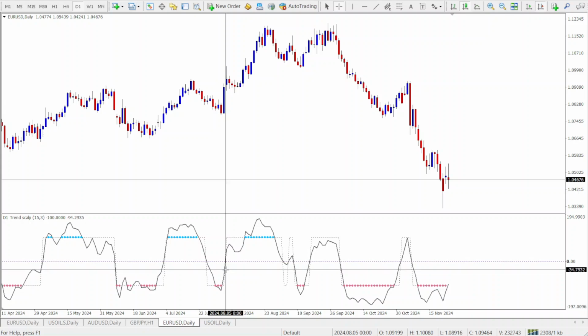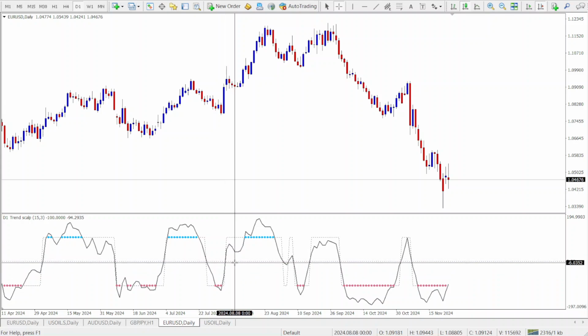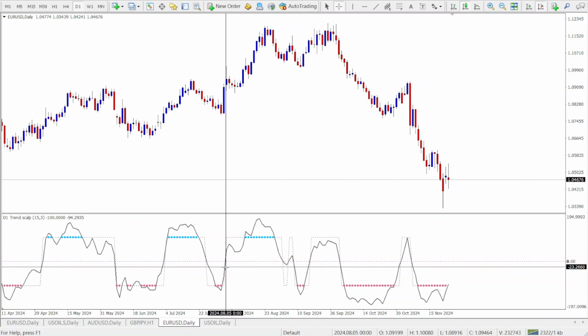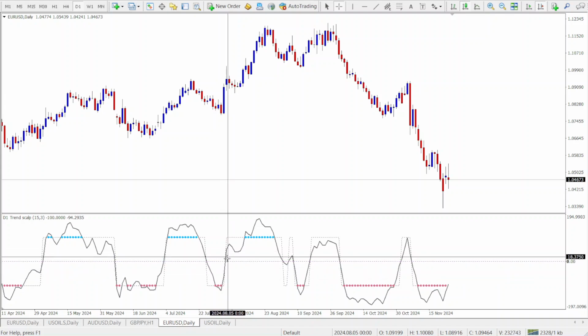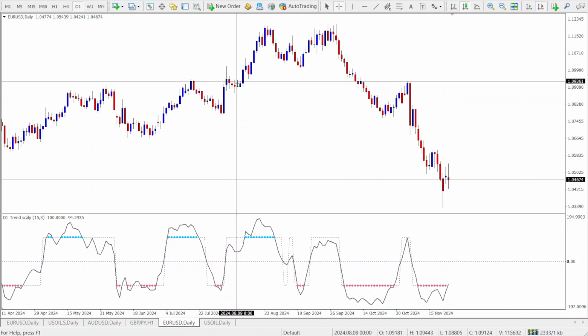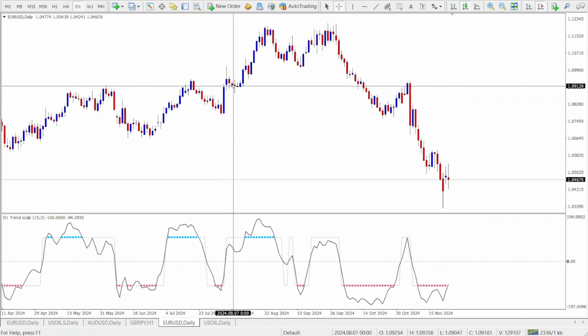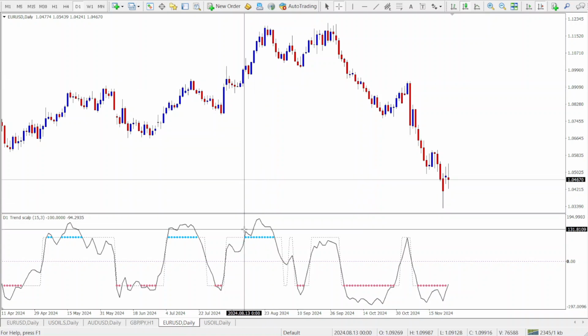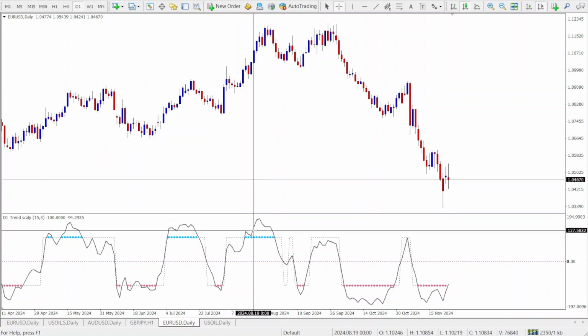But then when the indicator cut above the zero level, once it entered the positive territory, that was when it showed there was actually bullish momentum.